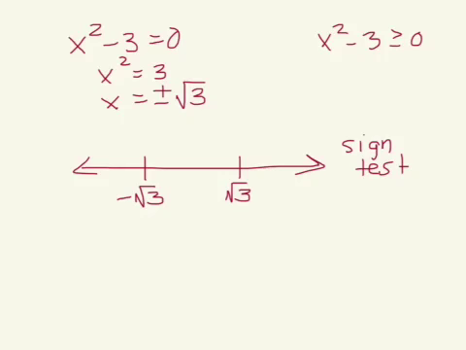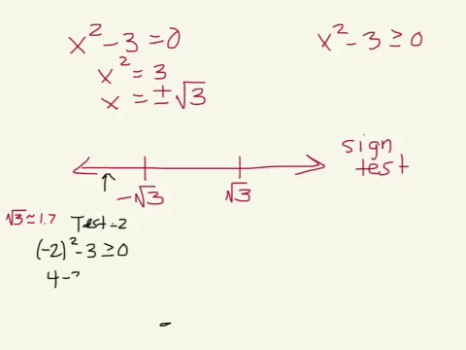You would plug in the square root of 3 in your calculator, and you'll see that the square root of 3 is about 1.7. So if I want to test a value in this section, we can test -2. We take -2, plug that into our inequality. -2 squared is 4. 4 minus 3 is 1. And 1 is greater than 0.